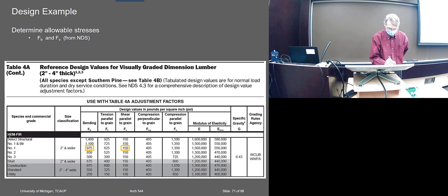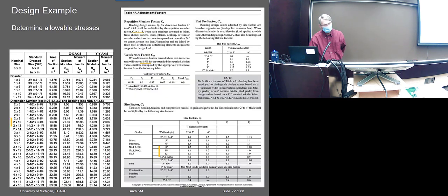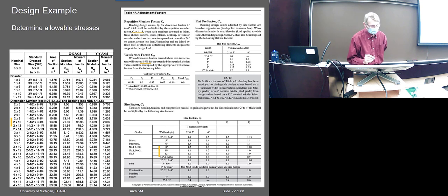For the hem-fir, this is number 1. Those numbers are the allowables. So in terms of picking a CF, we don't really know the size yet, so as a guess it's somewhere in that range.